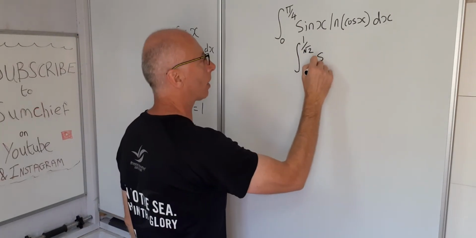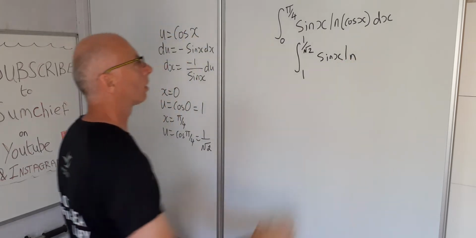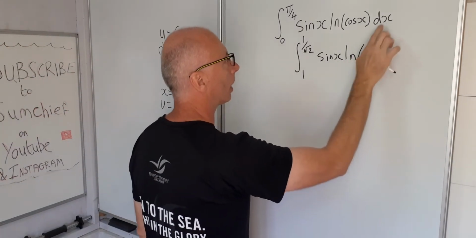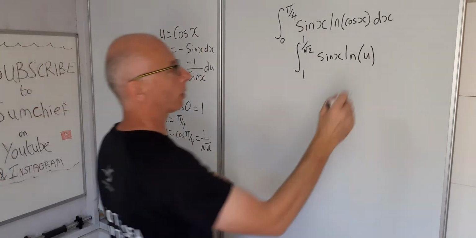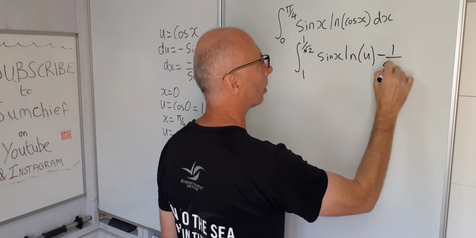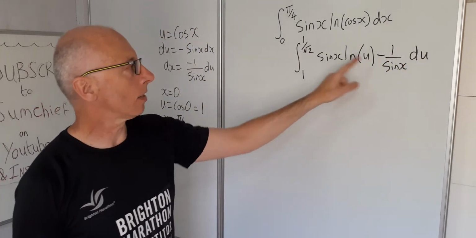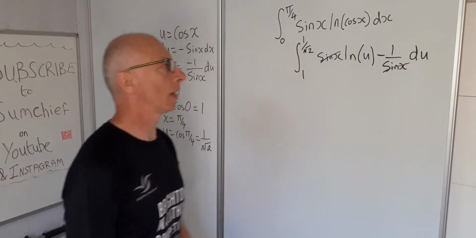Sine of x, let's just leave that in there for now. And then we've got log cosine x, which is just u. So log of u, and then dx is minus 1 over sine x du. Okay, now the x is not invited into the u world, but we cancel out, that's fine.